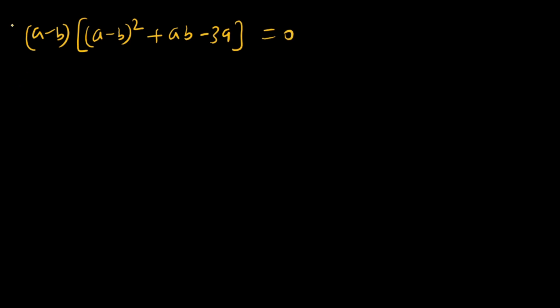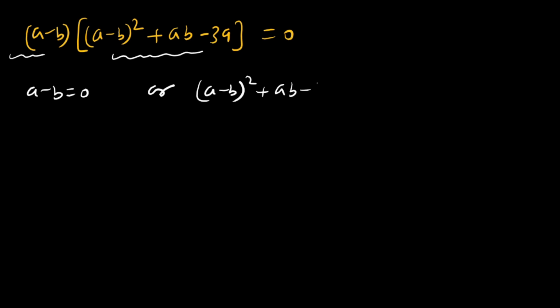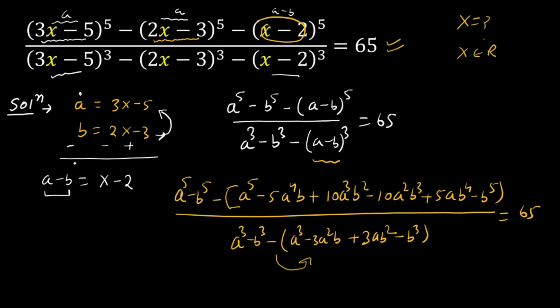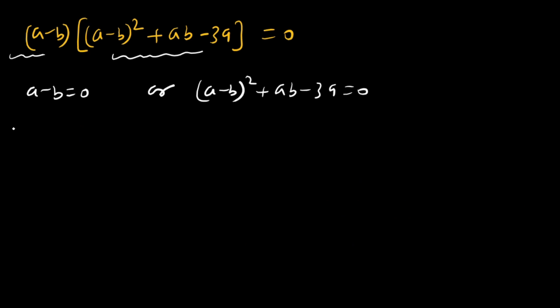Here the product of two expressions is 0, then we can say either a minus b is equal to 0 or (a minus b) whole square plus a times b minus 39 is equal to 0. If a minus b is equal to 0, and we know that the value of a minus b is x minus 2, then x minus 2 is equal to 0, so it means x is equal to 2.